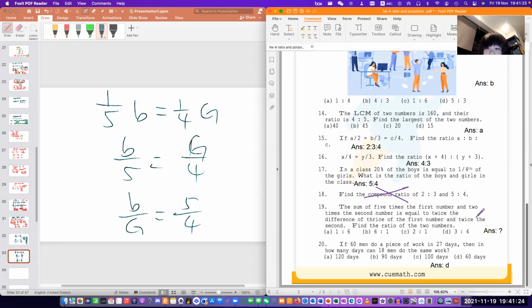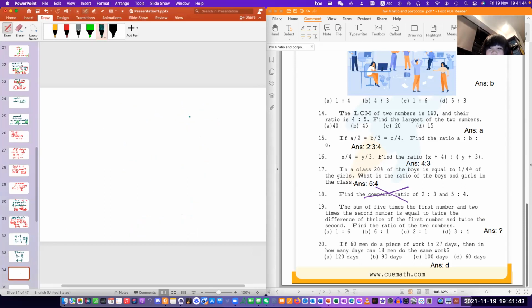Okay. 19. The sum of 5 times the first number and 2 times the second is going to be equal to twice the difference of the... Okay. You know what? Like I say, the English part is more difficult than the math part. Once again. Why is their English so hard to understand? I mean, they are trying to make things complicated in English. That's why. Okay, never mind. So anyway, they just try to test your English as well.